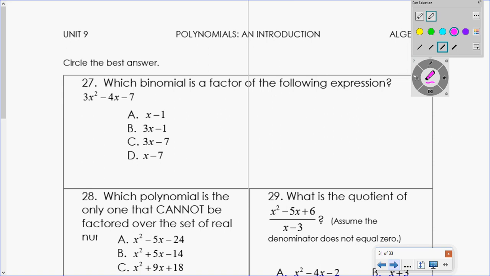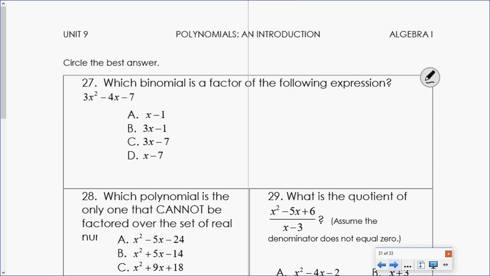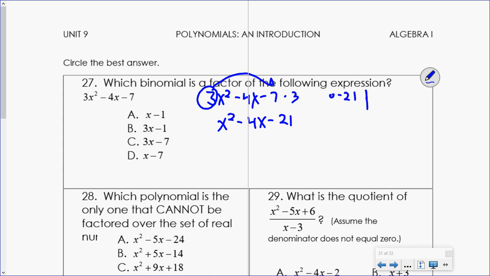Okay, next we want to know which binomial is a factor of the following. So let's go ahead and slide and divide. Let's break this up into factors. So 3 comes over here, and we get x squared minus 4x minus 21. We're looking for two numbers that multiply to negative 21 and add up to negative 4.